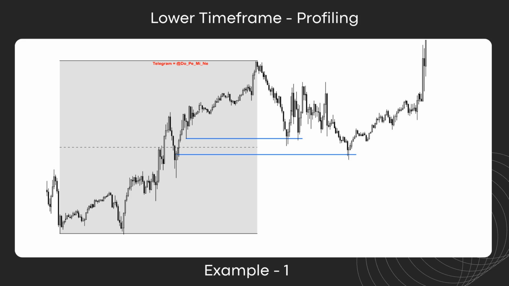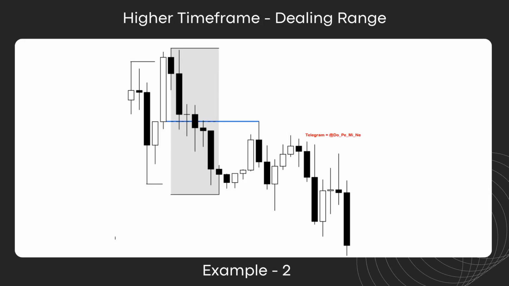And this reversal profile will look like a higher time frame expansion. All of this price section right here to the left will be looked at as a retracement on the higher time frame, and this reversal profile would be looked at as an expansion, right? So you can see that the dealing range was finally rebalanced and price tested a discount key level in a bullish market structure in a bullish dealing range, and now it can reverse from here and continue its journey higher, right? This was the first example.